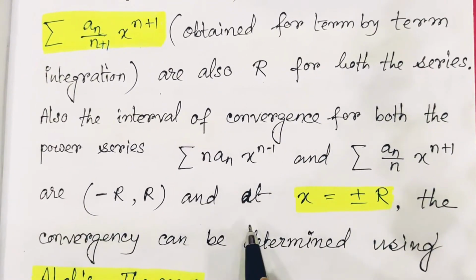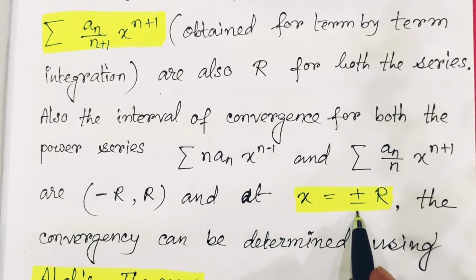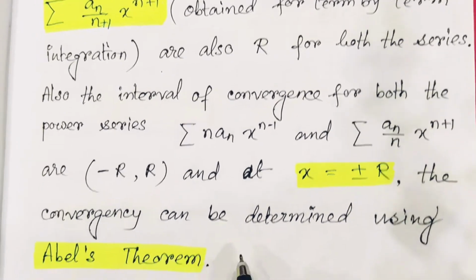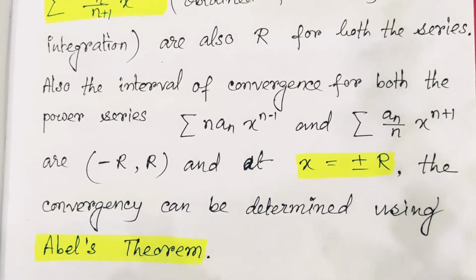So at the point x equals plus minus r, the convergence we should determine using Abel's theorem. Just like the previous one, for a given power series it is always possible to differentiate and integrate the entire series term by term. After integrating, the series we get has the same interval of convergence and the same radius of convergence as the given power series.